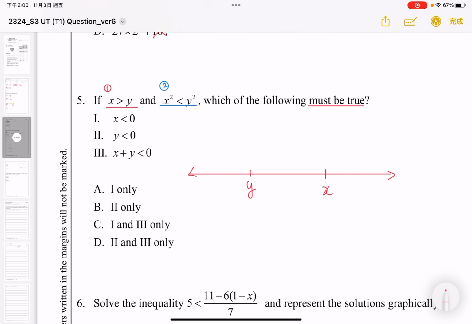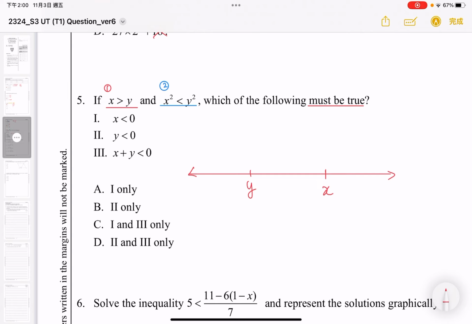And you can see that y squared is larger than x squared. So the position of 0 will determine this restriction. That means if 0 is further away from y than x, then it can fulfill the restriction.